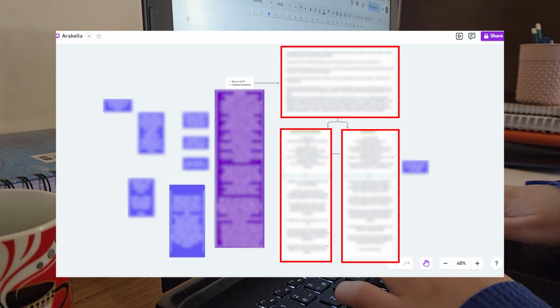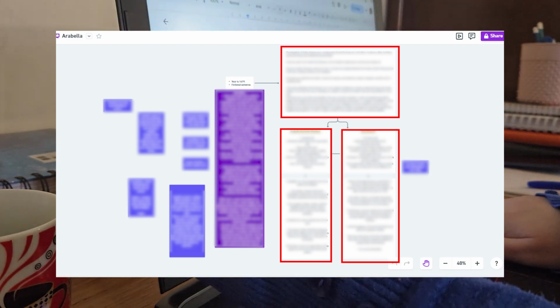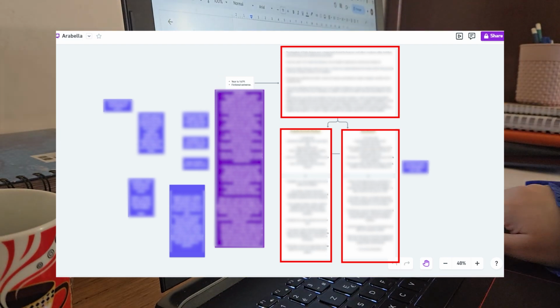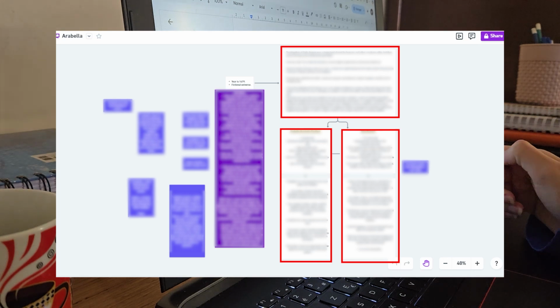So, these white blocks here that are linked together are the pillars of the story, encompassing crucial information about the universe itself, as well as the two main characters around whom everything is built.